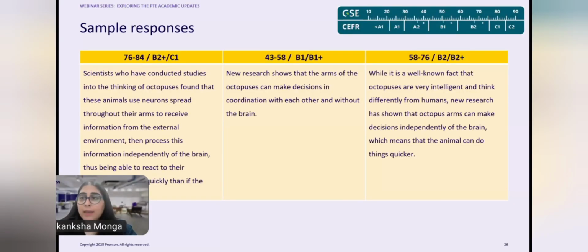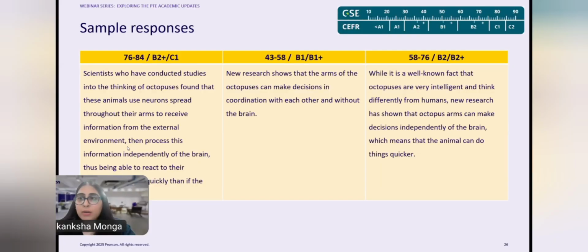It does not use every single detail, so it has identified the main ideas, and it's written as one clear long sentence where the first letter is capitalized and there is a full stop at the end. It also uses clear connections. It uses relative pronouns. We see that right in the beginning, scientists who have conducted studies.